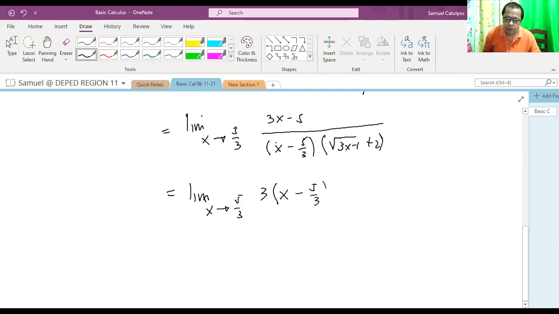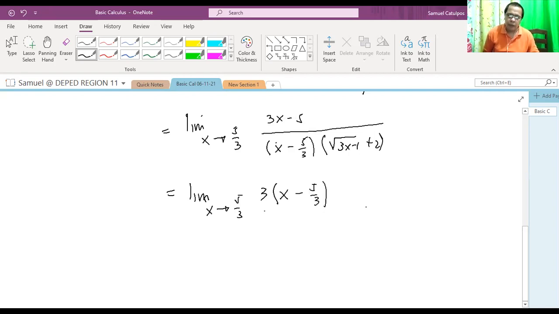So as you can see, kani siya pareha na siya sa 3x minus 5. Tama? Okay, kung imuhang i-distribute, mo equal lang gyapon siya sa 3x minus 5. Testingan nato. 3 times x is 3x, and then 3 times 5/3, mag-cancel man si 3, minus 5. So mobalik siya diri sa 3x minus 5. So kani siya, 3 times x minus 5/3 is just the same as 3x minus 5.